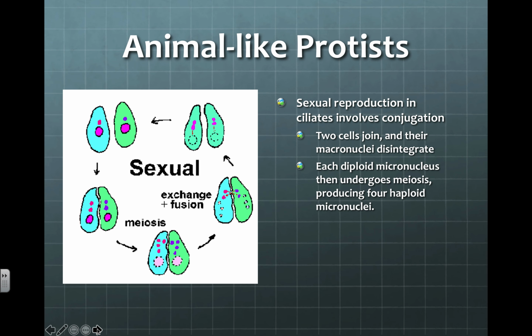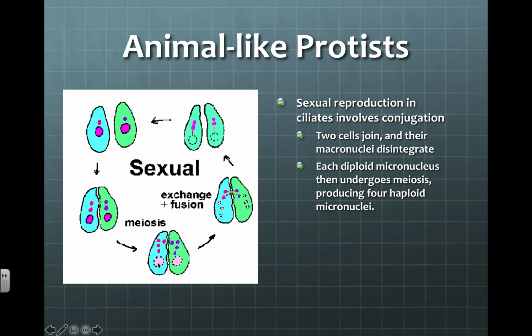Now, in sexual reproduction, this involves conjugation, and conjugation is going to be the transferring of the DNA from one to the other. So if we start at the top, here we have got the fusion of opposite mating types. And then the two cells are going to join, and the macronuclei, the larger ones, they disintegrate.